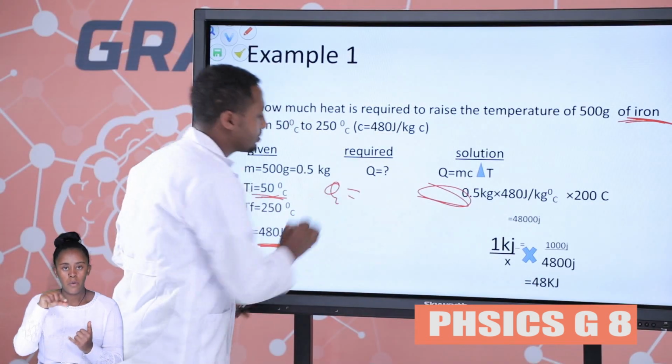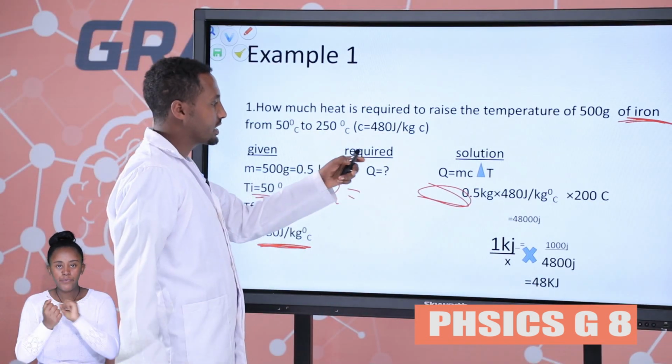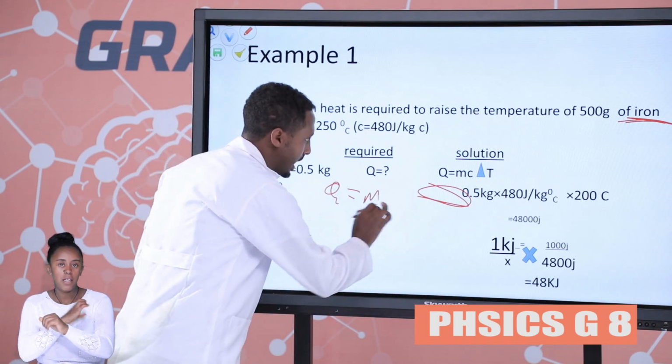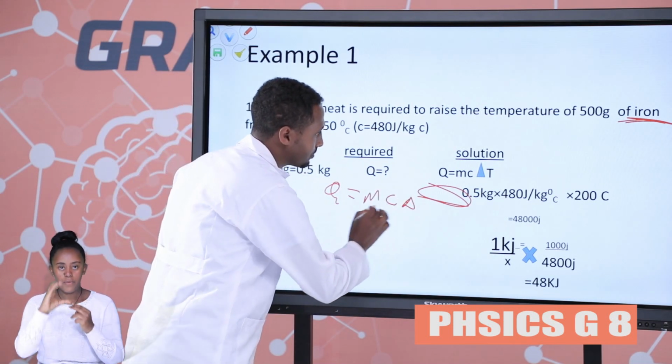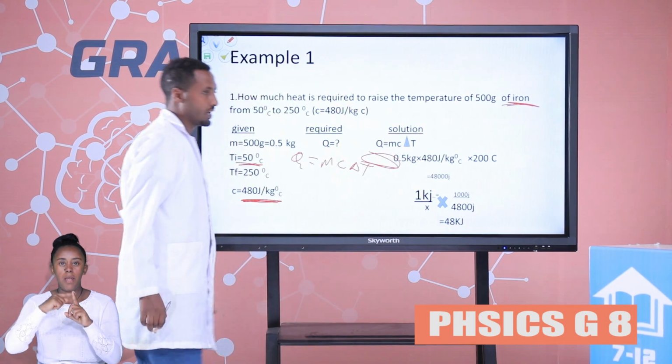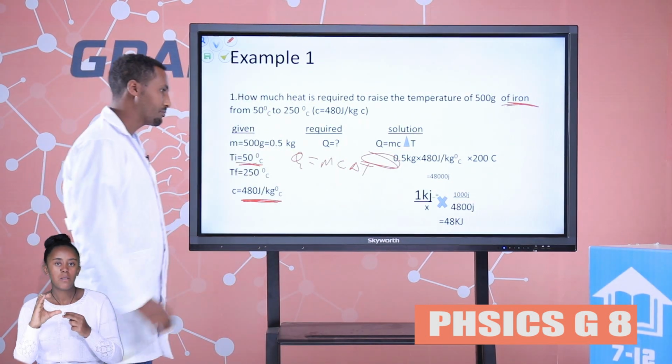Q is equal to the required heat energy, M times C times change of temperature.